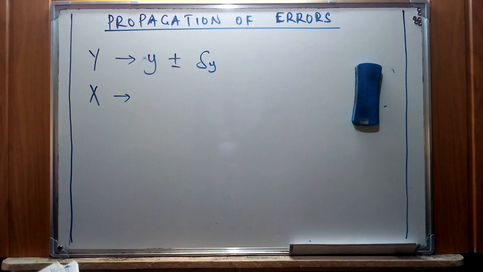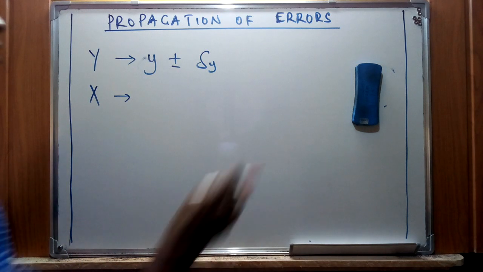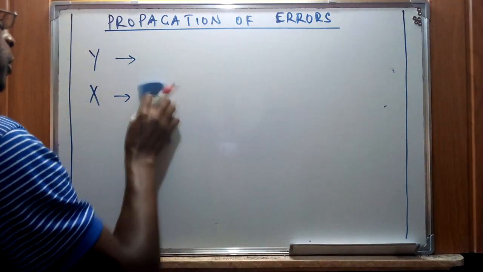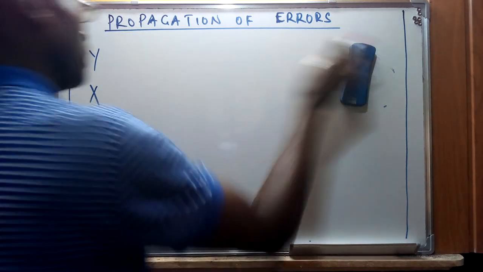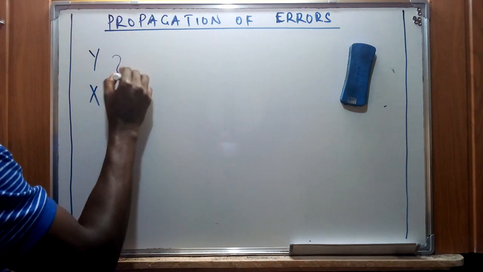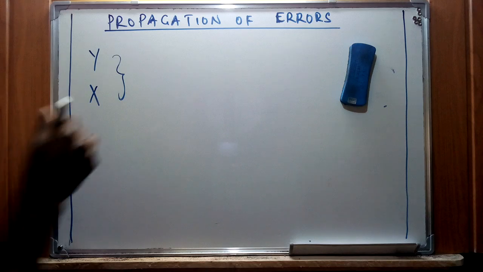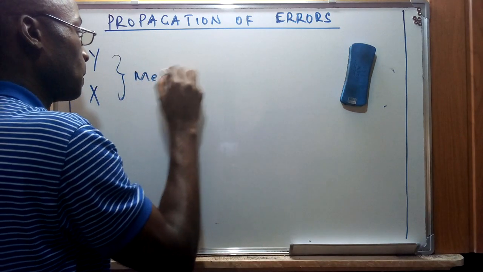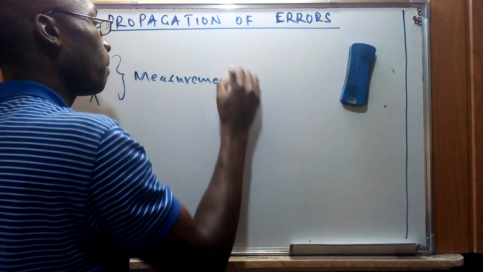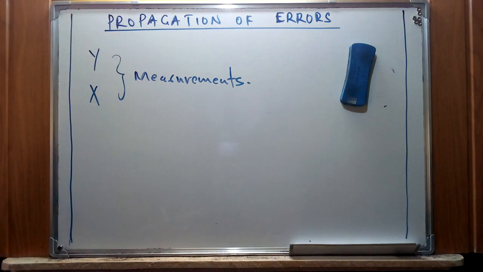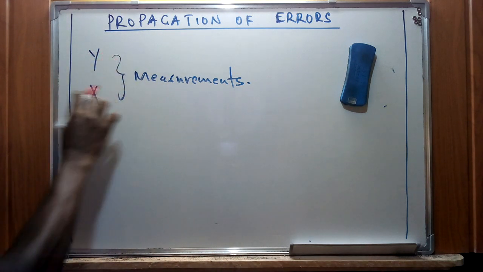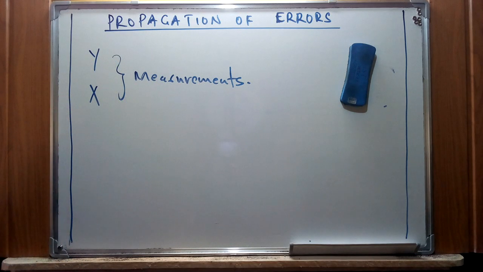If we have two specific measurements, then we have what we call determinate errors resulting from these two measurements, just the same as we have been obtaining errors from a range of measurements.